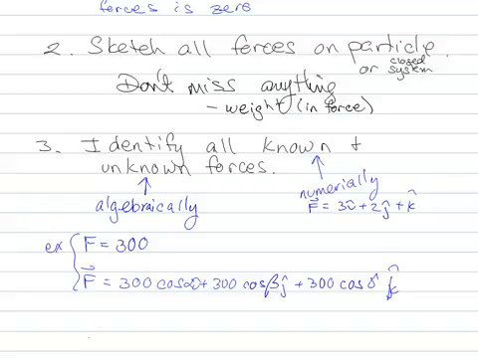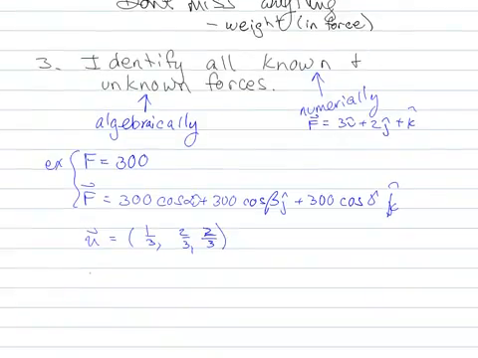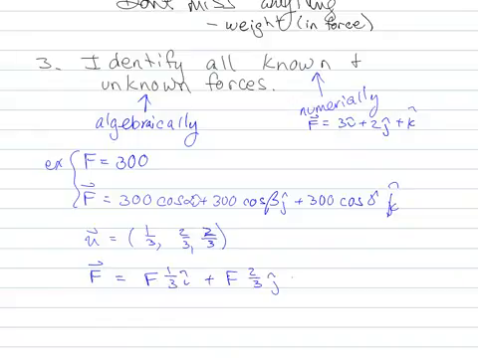Or if you know the unit vector, say 1/3, 2/3, and 2/3, but you don't know the actual force, then you could say the force is going to be the force times the unit vector, which is why we find the unit vector to begin with. But don't be afraid to introduce variables, because you can figure it out later.